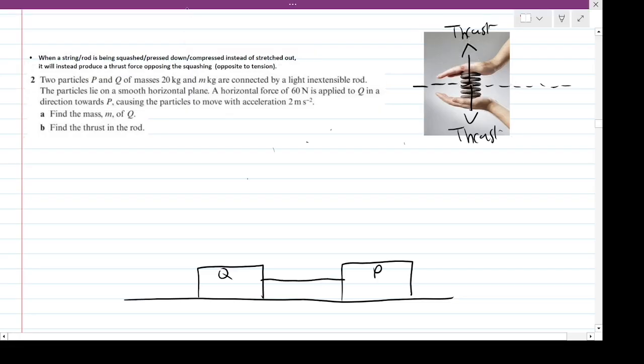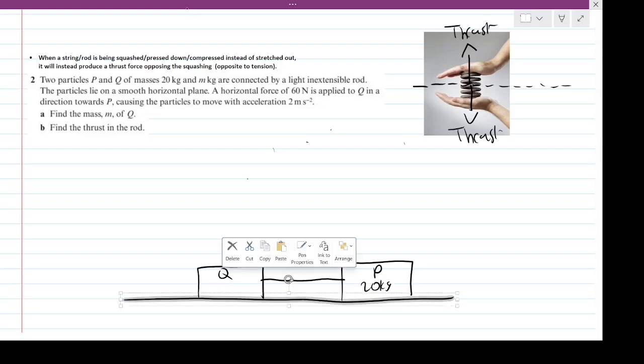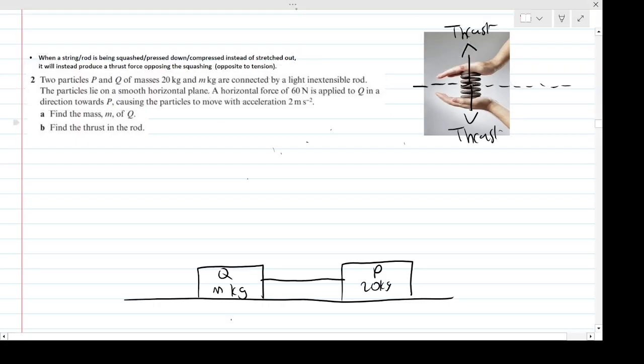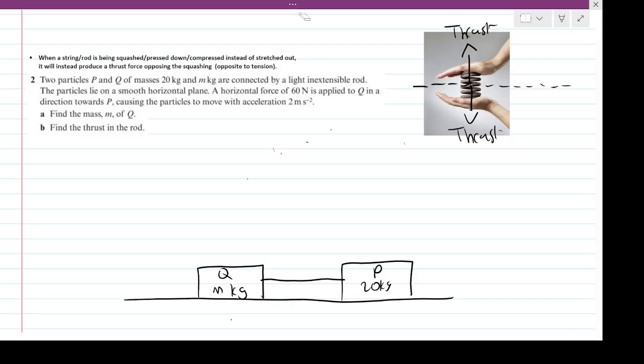The mass of P is 20 kilograms here, and the mass of Q is M. Then in terms of forces, we're told a horizontal force of 60 newtons is applied to Q in a direction towards P. Okay, so if it's going towards P, it's going to want to move to the right. So the force is pushing Q to the right like this. That's in the direction of P. And we're told it's 60.